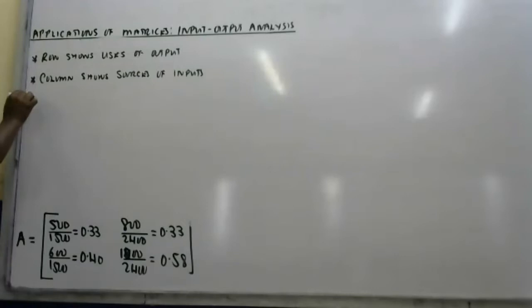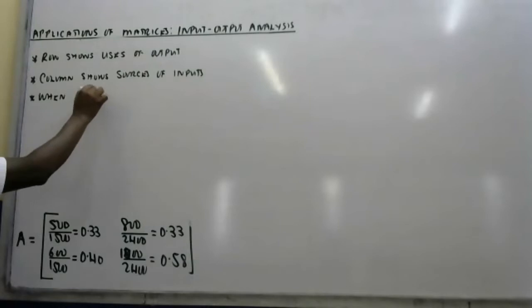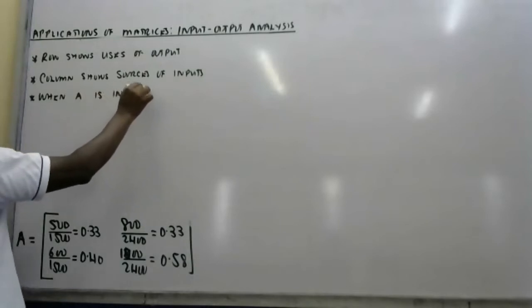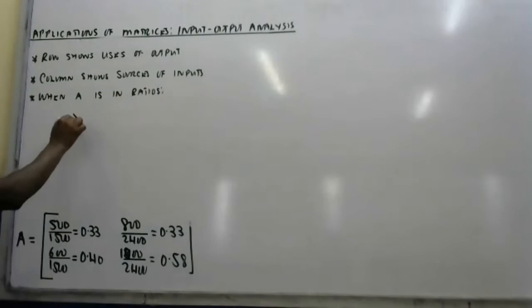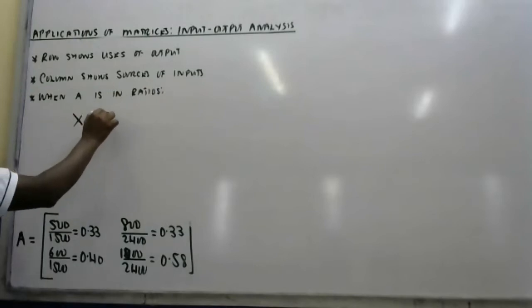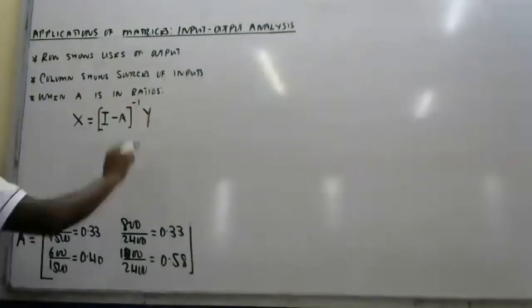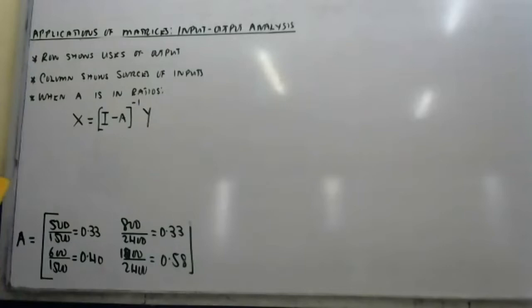The other thing is, when A is in ratios, X is given as I minus A inverse multiplied by Y. So that tells you we have 2 formulas of getting X. The first one is what we had.